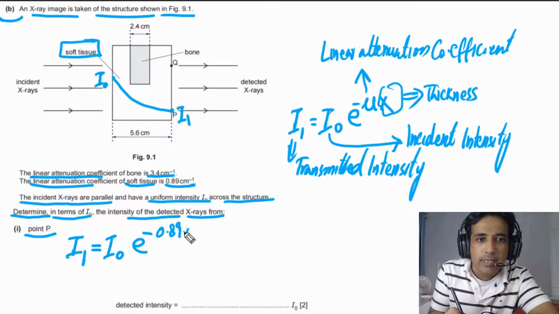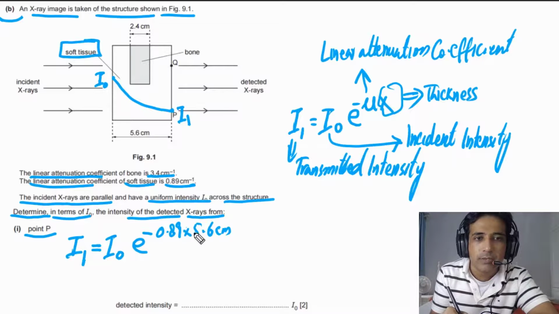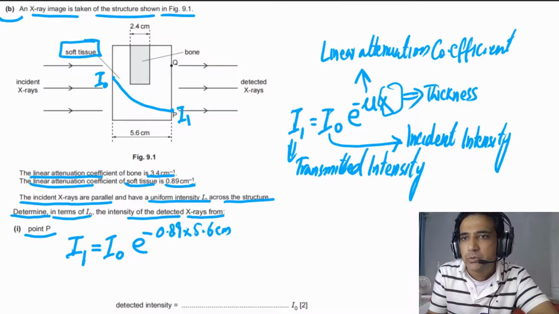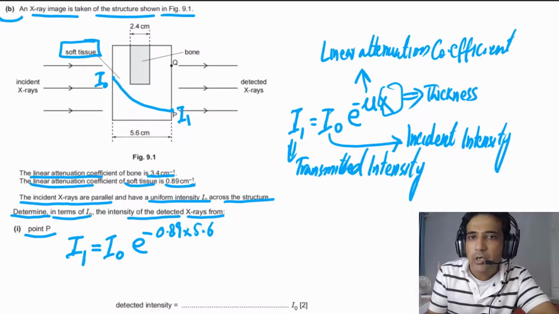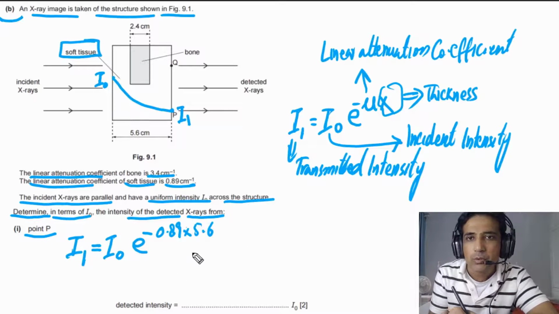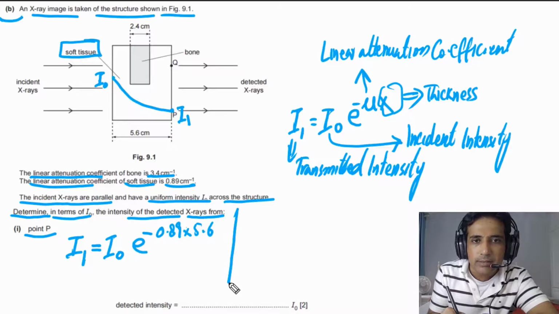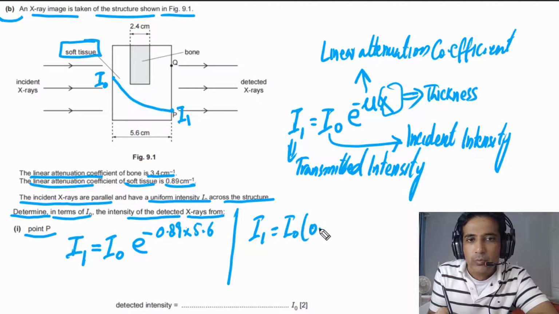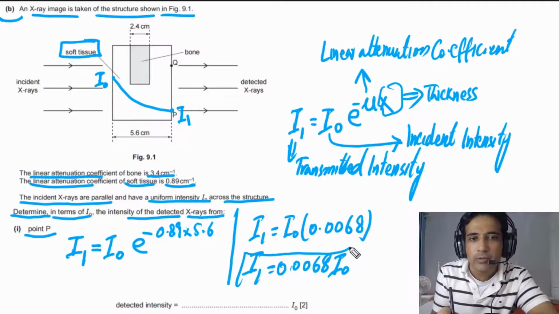We have to multiply this one with thickness, and thickness is 5.6 centimeters, and this is per centimeter, so centimeter per centimeter will be cancelled, so we no need to write down centimeter here. We simply need to solve this. So in this case, I1 will be equal to, if we solve this one, 0.0068 I0. So this is the value of I1.